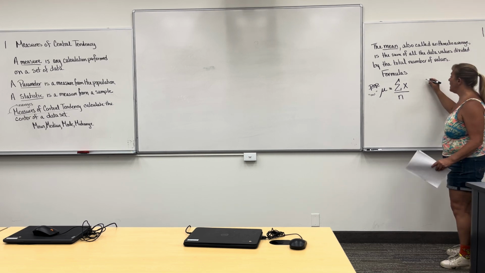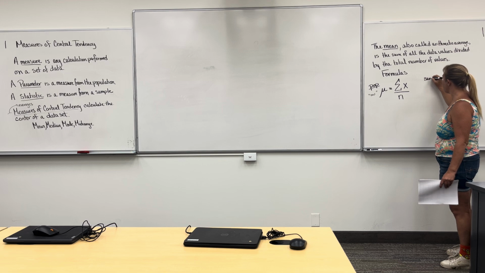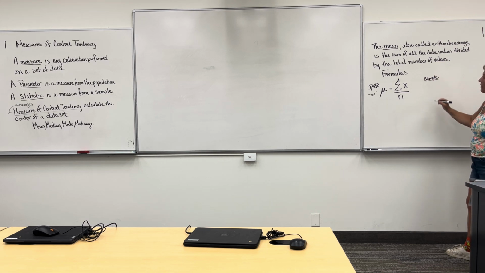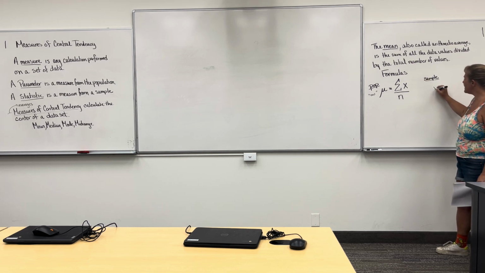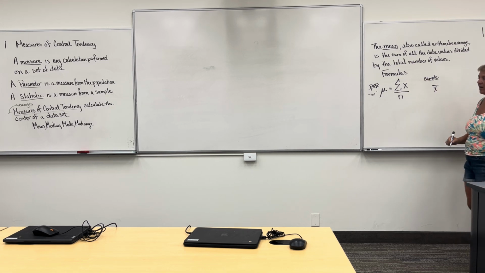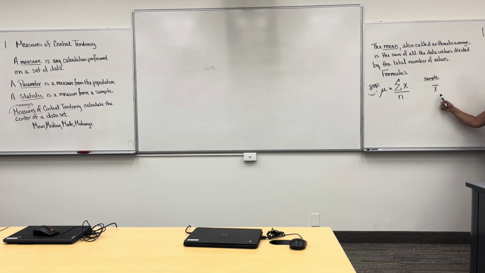Now, if we're dealing with a sample, the variable that we use for sample mean is x with a bar across the top. Okay, and we just say that x bar. And the nice thing about x bar is it has exactly the same formula.